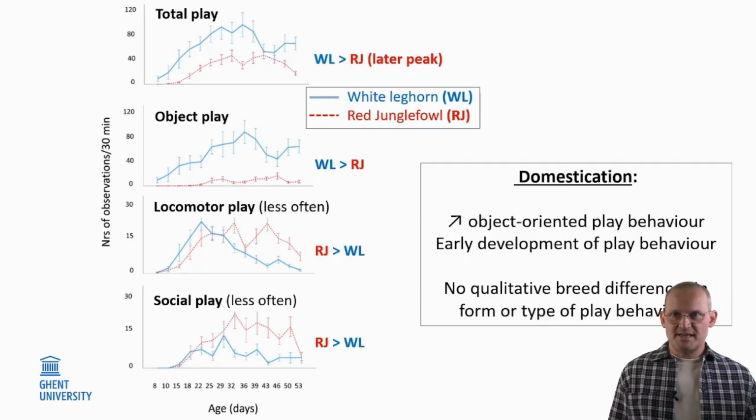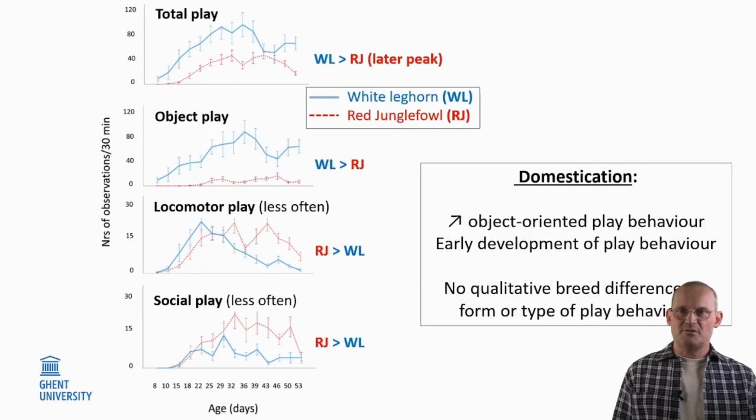What it shows is that the white leghorn shows more play behavior than the red jungle fowl, and that the development of play behavior is earlier in the white leghorn than in the red jungle fowl.